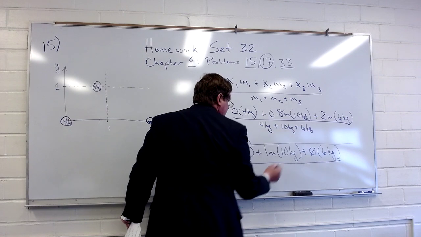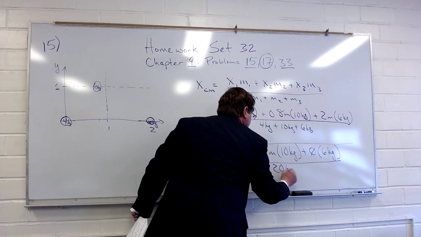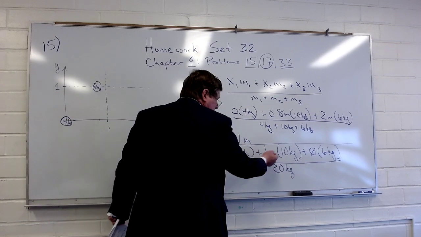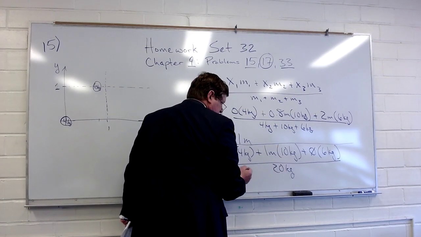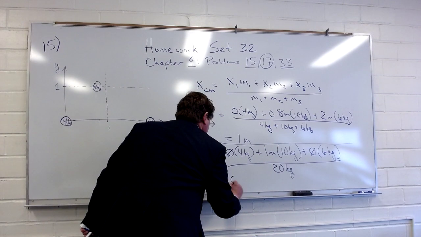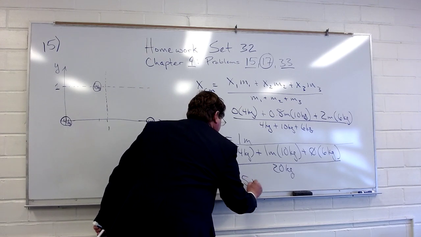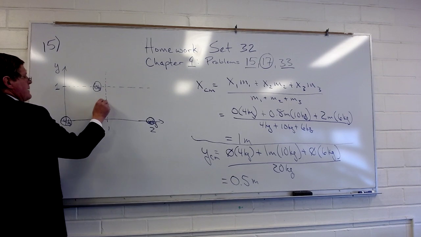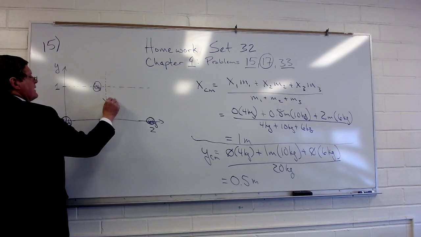Well, 4 plus 10 plus 6 is just 20 kilograms. And so what you see is that I've got 1 meter times 10 kilograms over 20 kilograms, that's going to be 0.5 meters. So that means that the center of mass is going to be right there.